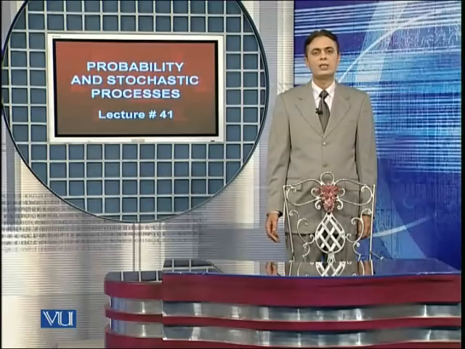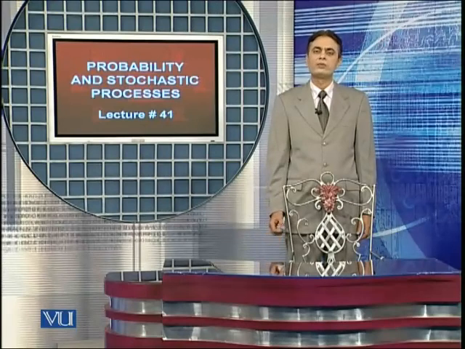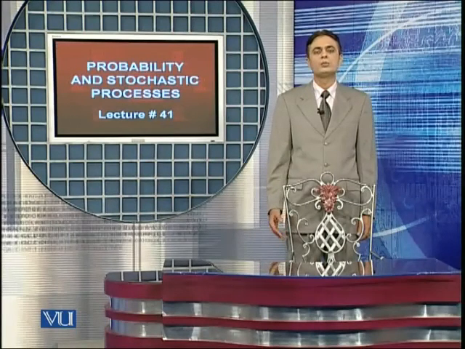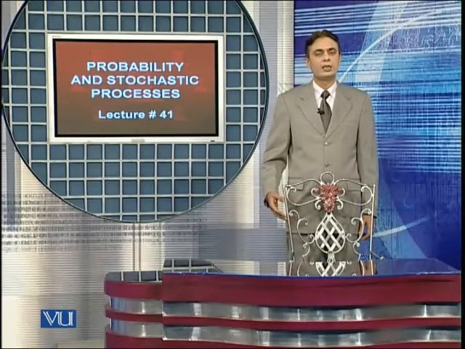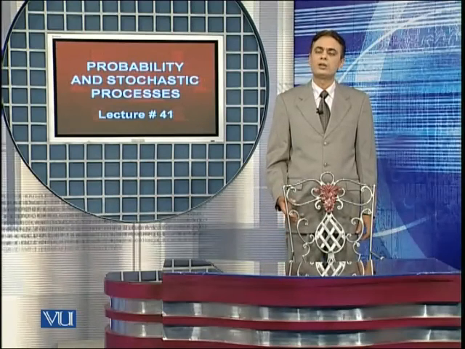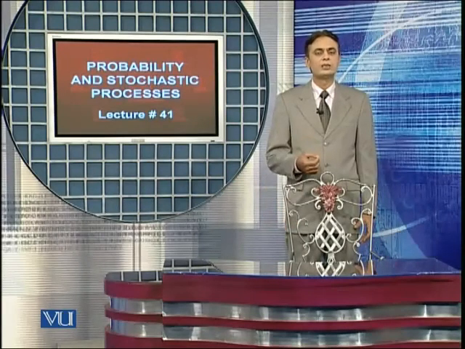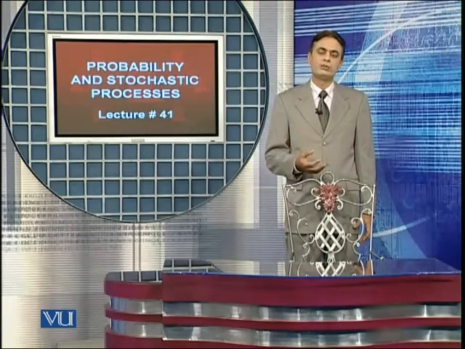In previous lectures we have been analyzing Markov chains in terms of the behavior of different states in an asymptotic manner. That is, as the random variables in that collection we call a Markov chain assume their values, how do different states or different values behave?